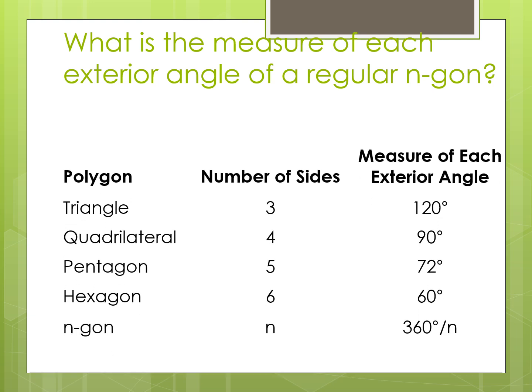What is the measure of the exterior angle of the regular n-gon? We have this table. We have 120 in the triangle, the quadrilateral is 90, 72 for the pentagon, 60 for the hexagon. Then for the n-gon, we have 360 divided by n.